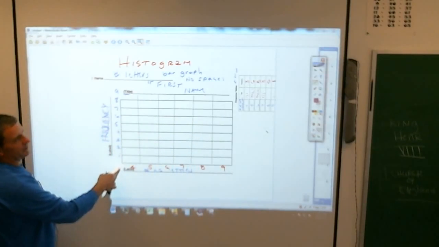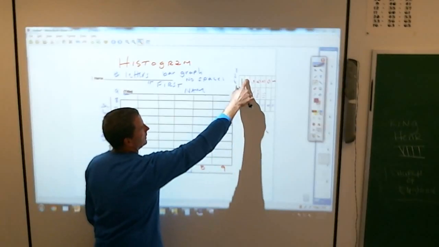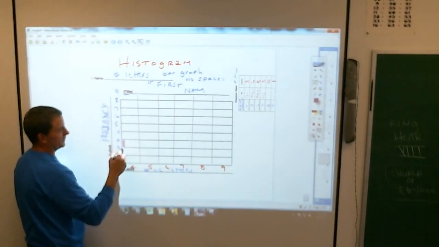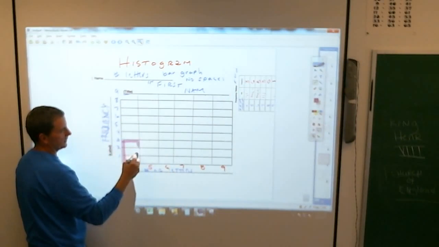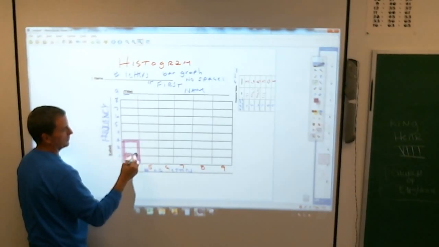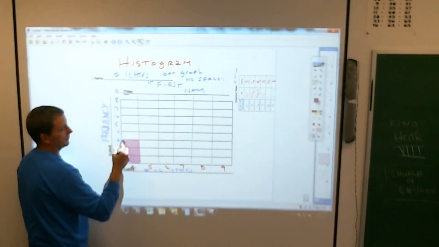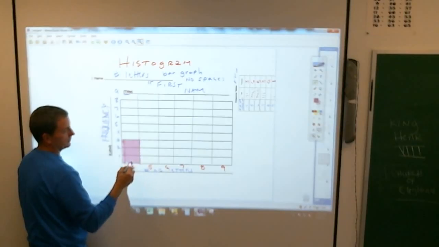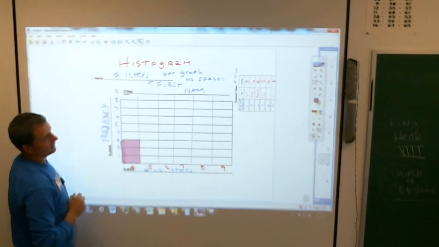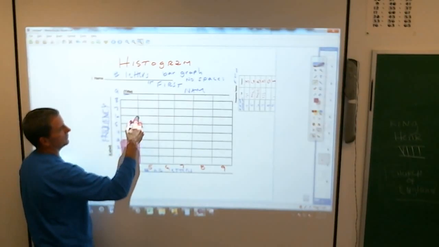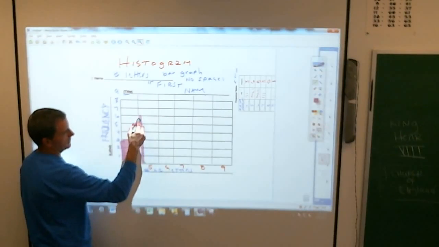How many people had 4 letters in their name? 4 went up to 3, so here we color in up to number 3. How many people had 5 letters? That went all the way up to 6.